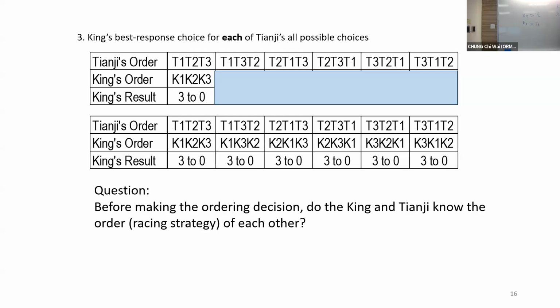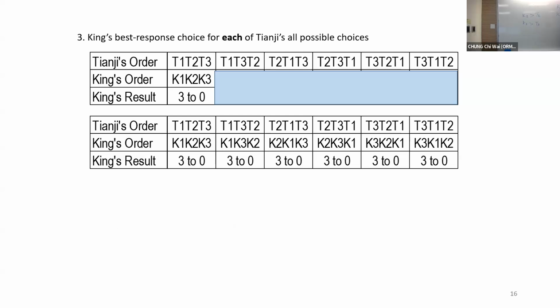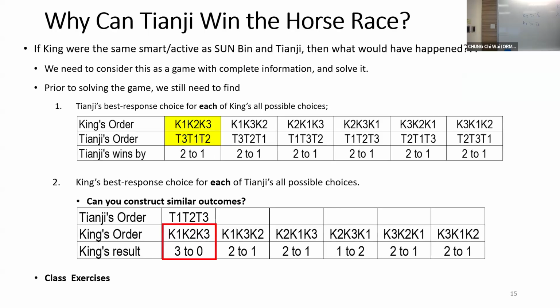The best response of the king is K1, K2, K3. If Tianji picks this, the king will use the sequence K1, K2, K3, and now go back in here. And then the king will change his strategy.